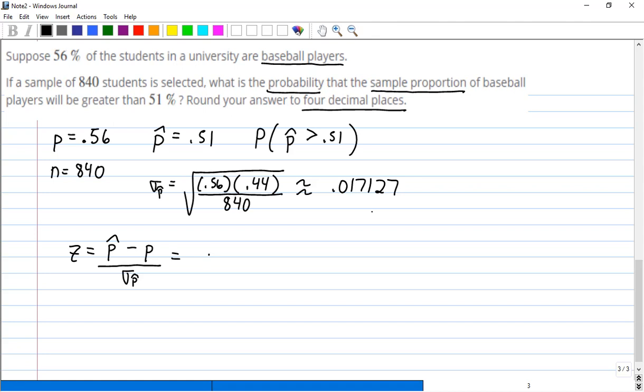Alright, so that's going to be 0.51 minus 0.56 over 0.017127.